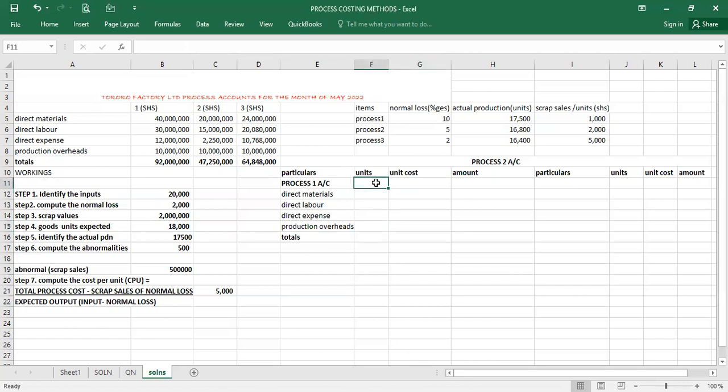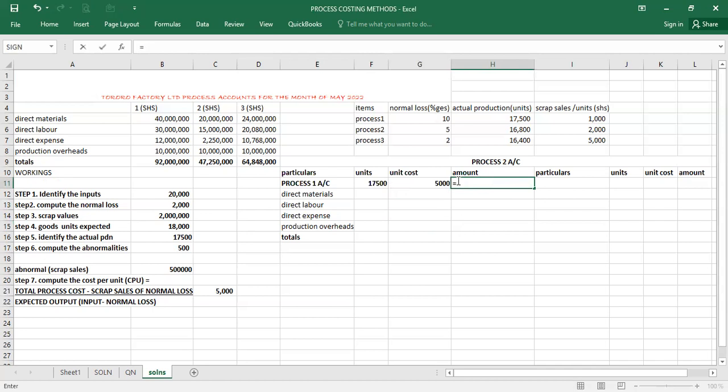So what did we produce? It was 17,500, and it was valued at 5,000. So what was the cost?